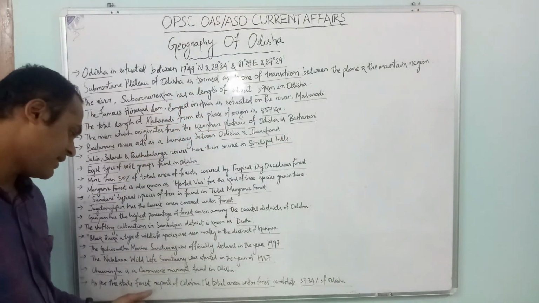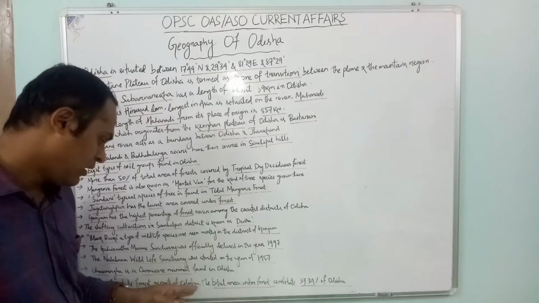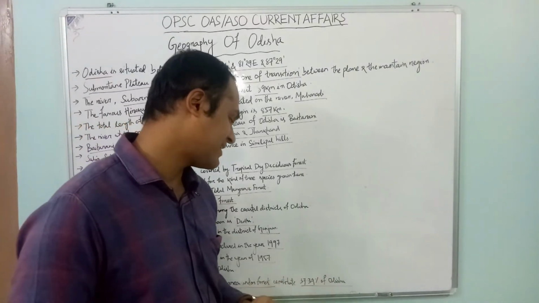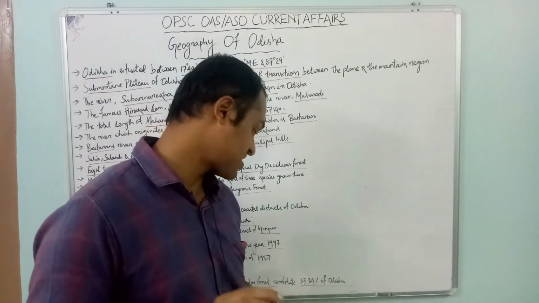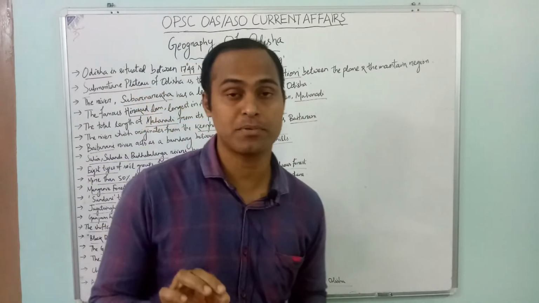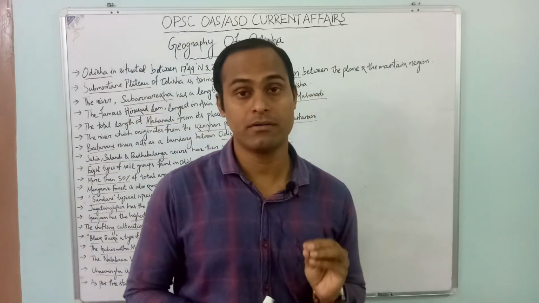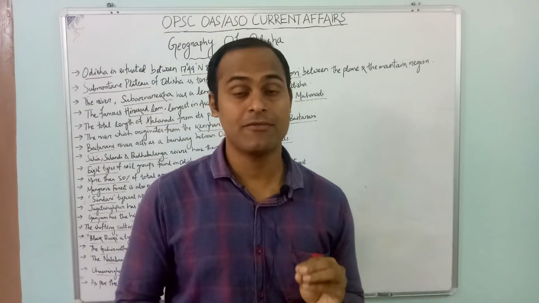Then, as per the state forest report, Odisha's total area under forest is 37.34%. The total forest cover of Odisha is 37.34%. Very important.